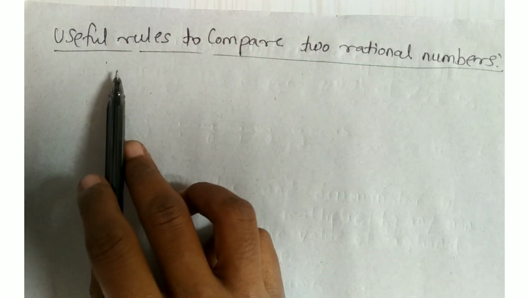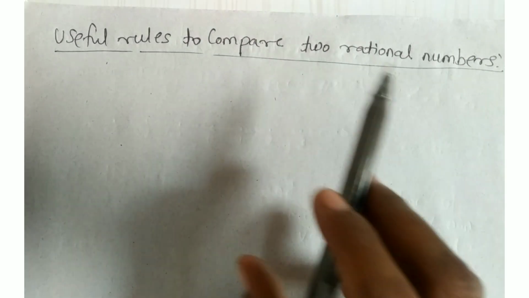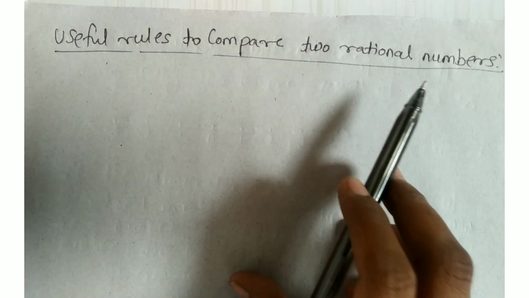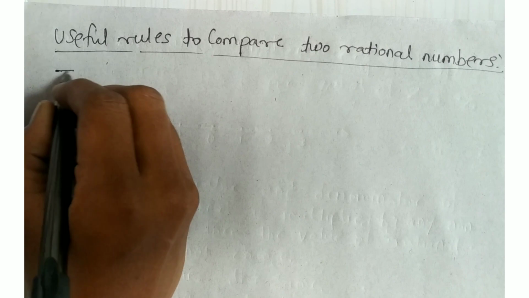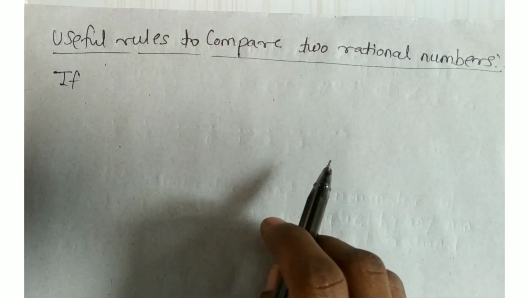Now we will see some useful rules to compare two rational numbers. For that, we will take two rational numbers.